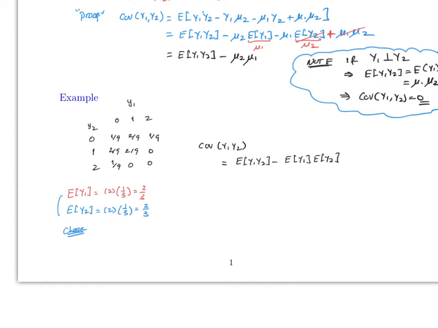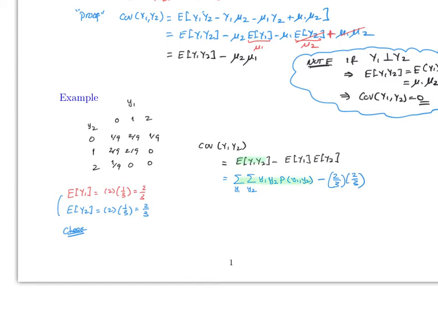So then we already know this part and this part. So what about this? By definition, this will be the sum over y1 and y2 of y1 times y2 times p of y1, y2, minus 2/3 times 2/3.